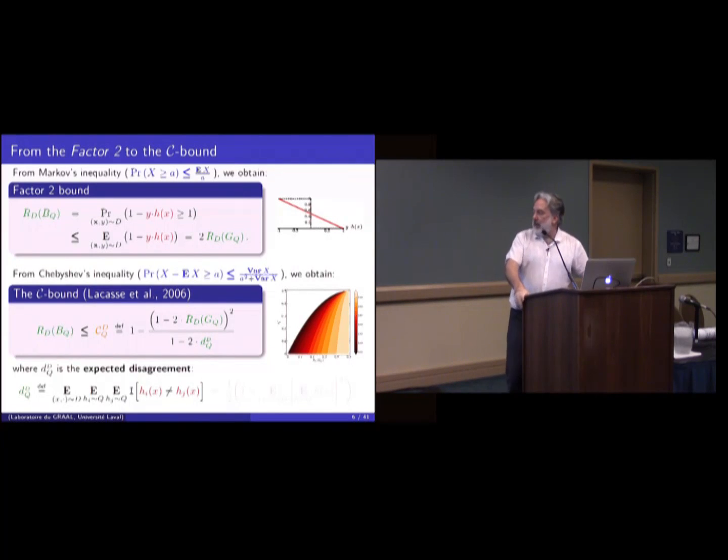Because here, if it's darker, then the risk of the majority vote is very good. So you see that even if you have a very bad risk, around 0.4, there are some ways to have a risk of the majority vote almost zero. So it's a tighter way to bound the situation, but I won't go into this today because we'd need more than 1 hour to talk.